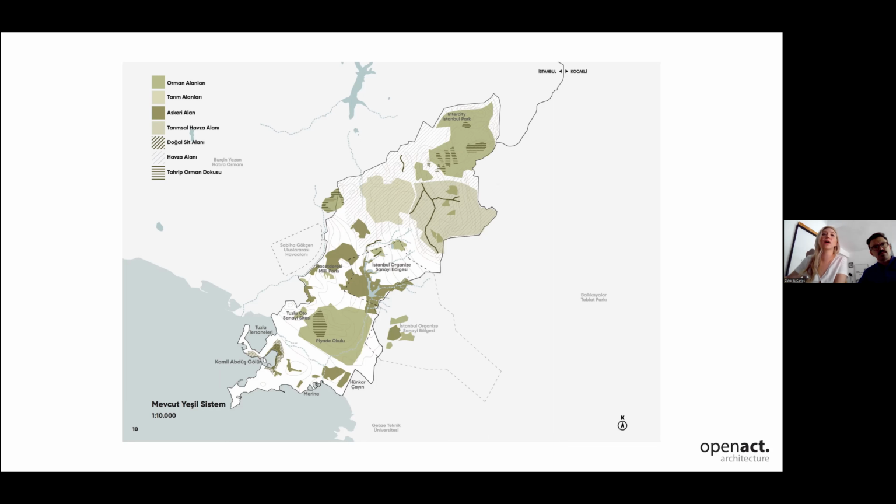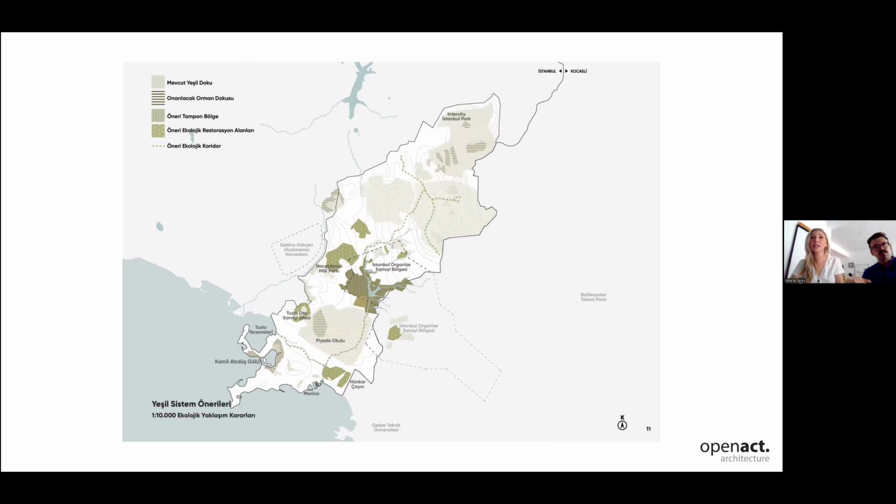But the ones that are around the industrial sites and around the urbanized areas are completely broken, in very separate patches, and there's not really a continuous green system here, which gave us the idea, seeing what the problem is and how the current situation is, and mapping that also gave us the idea of which parts require what kind of restoration, and how we can develop the patch corridor matrix for the green system for its continuity.